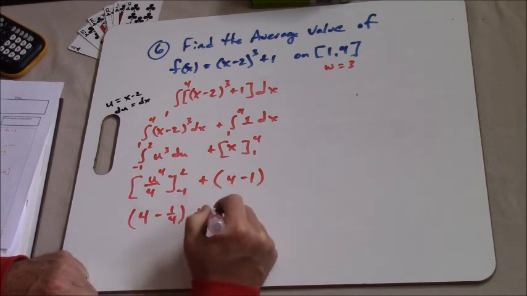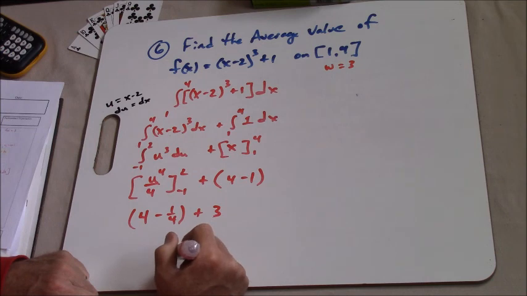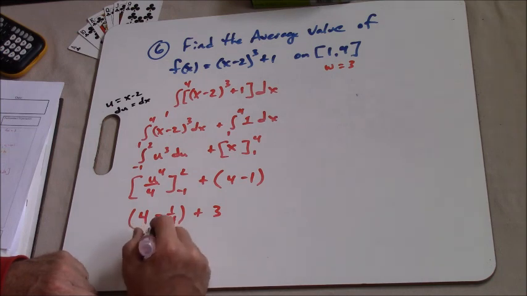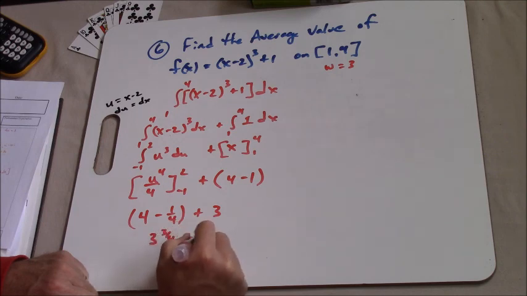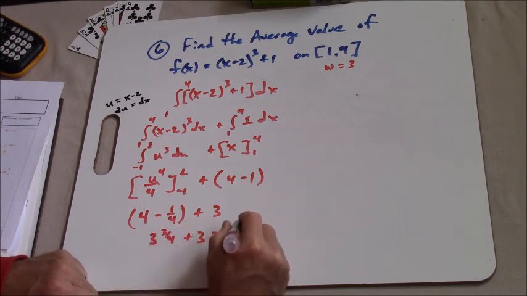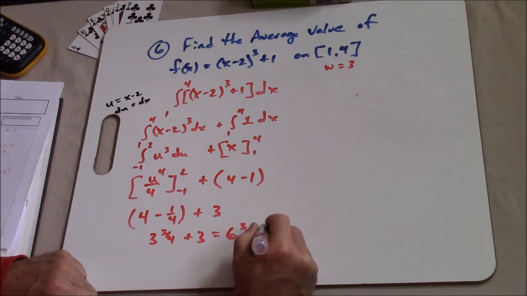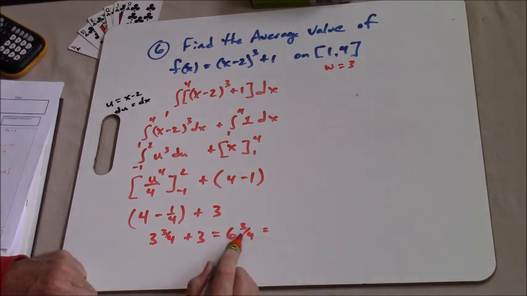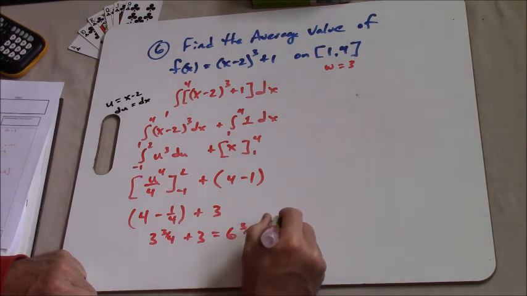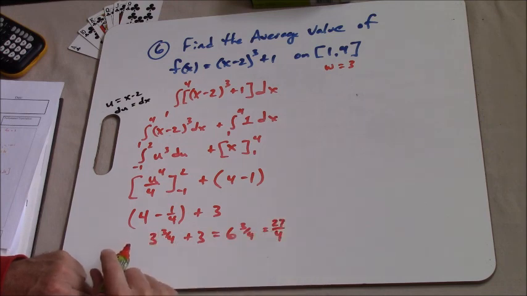Plus this 3. So what do I have here? 3 3/4, plus 3, that's 6 3/4. Or if I make that into an improper fraction, that'd be 24 plus 3, 27/4.